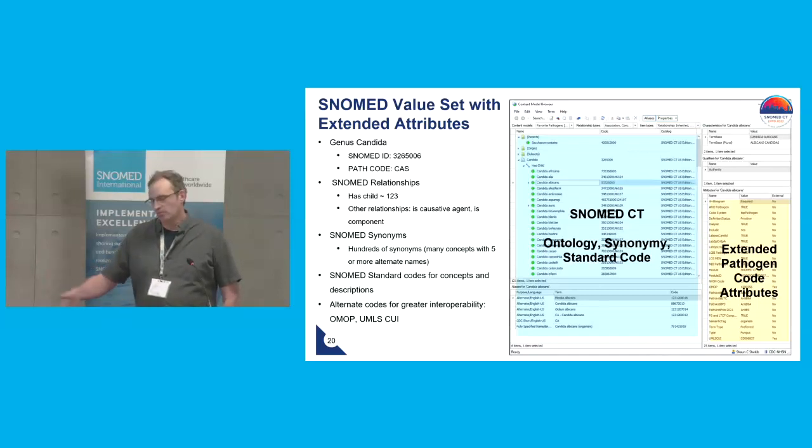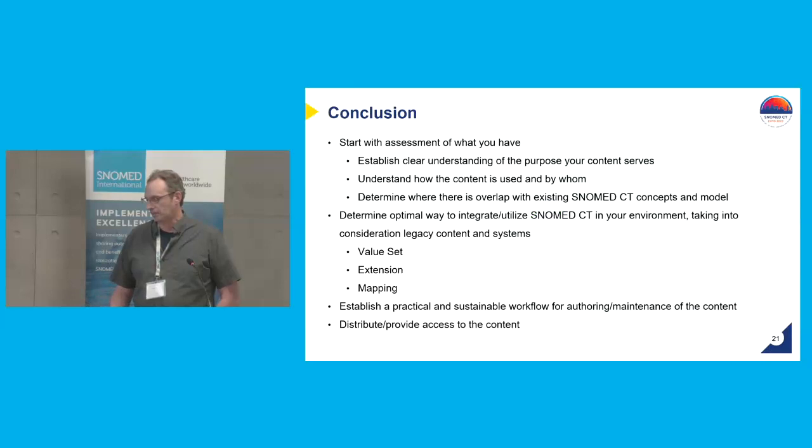So in a nutshell, this was a tremendously more efficient process for them in the authoring and management. It gave them a higher value asset. The work is still underway, and there are other opportunities for code sets like this at CDC.